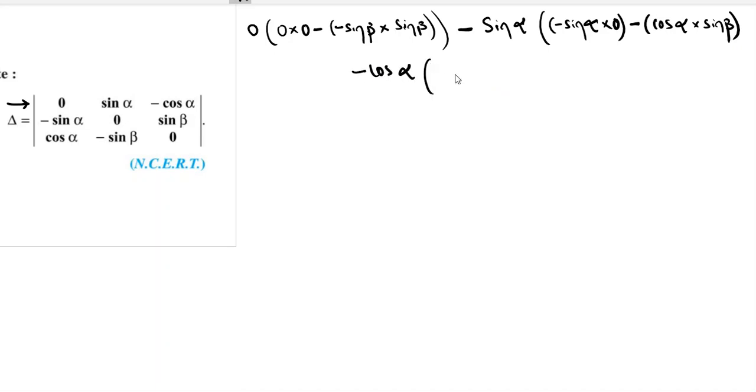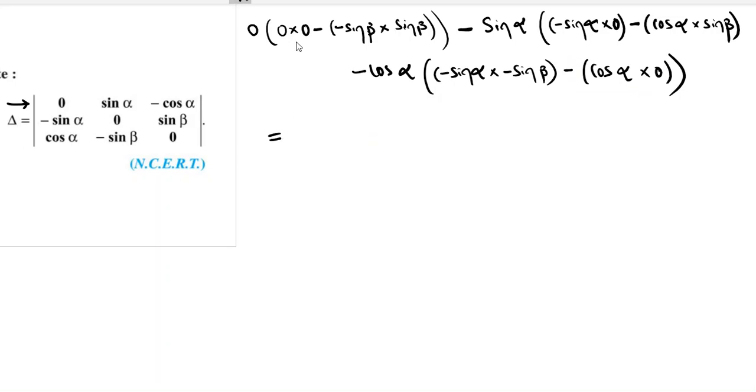Minus cos alpha is minus cos alpha, and then you multiply it with minus sine alpha multiplied by minus sine beta minus cos alpha into 0.